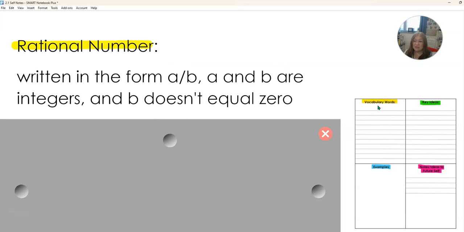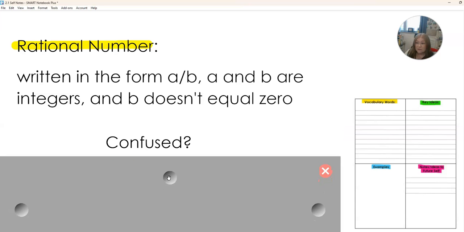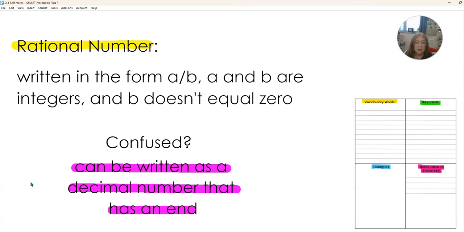So make sure you have your definition written down, and then we're going to break it down a little bit more and practice that. So if you're confused, that's okay, right? We have integers, positive and negative whole numbers. Now we're just including some decimals and fractions. So this is something we're going to write a little note to ourselves. It's just written as a decimal, and it has an ending. It's like 0.75, 0.9236.